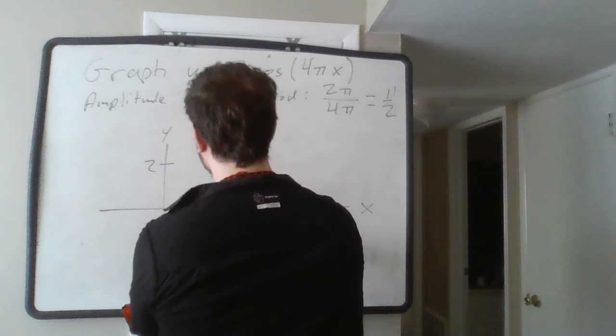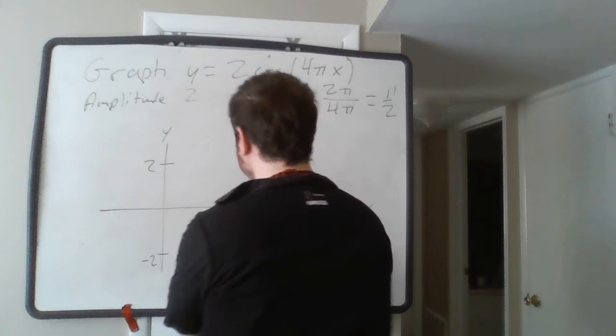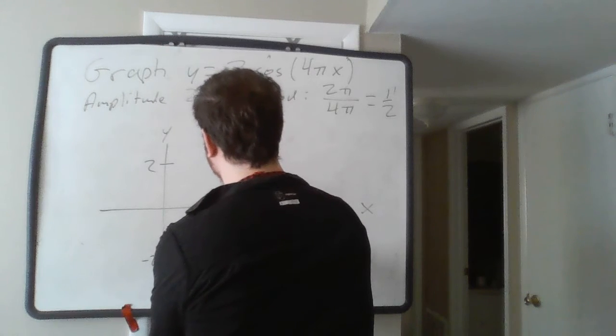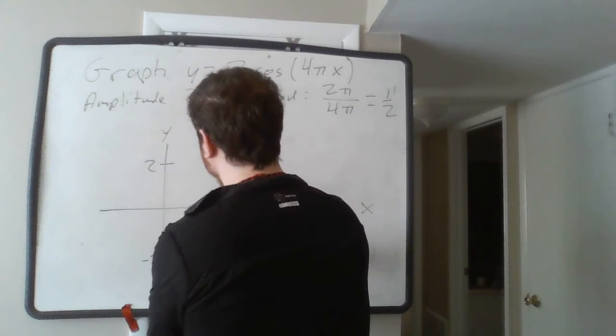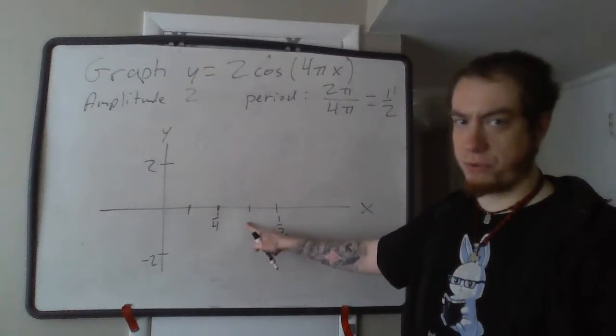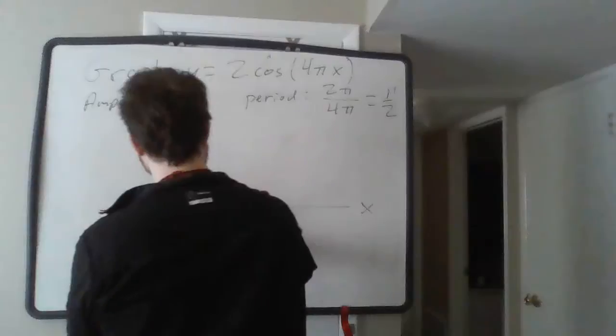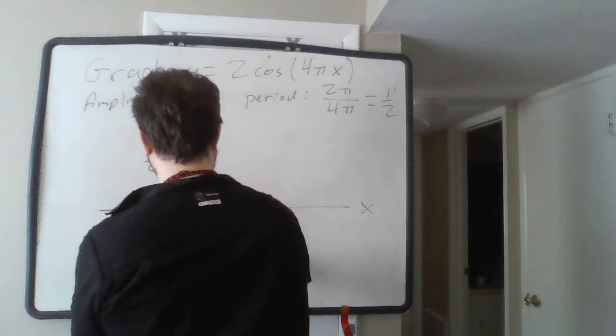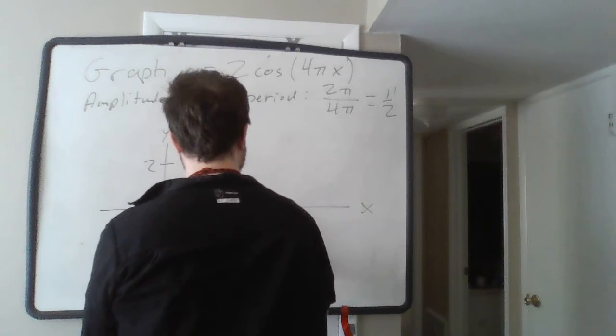Now, I need to mark out some place that is halfway through the period, so in this case, that's going to be at 1/4, and then I need to mark out at 1/4 of the way through the period and 3/4 of the way through the period. So that's going to be at, in this case, 1/8 and 3/8.